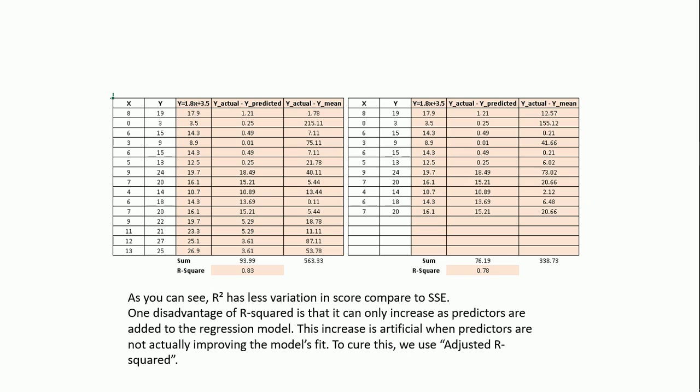But just adding more and more independent variables won't serve the purpose, because the increase is artificial if those independent variables, our predictors, are not actually improving the model, that is, not actually contributing to the relation affecting our dependent variable. So in that case we use adjusted R squared, which is one of the metrics.